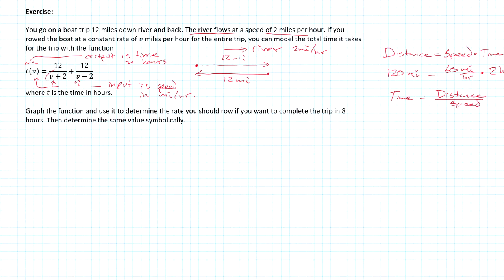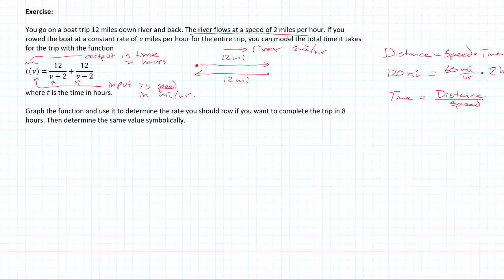So we add the 2 miles an hour of the river to our rowing speed, and that's the speed we travel downstream. The trip downstream was 12 miles, so the distance divided by the speed going downriver, the first fraction 12 over v plus 2, is the time it takes us to get down the river.